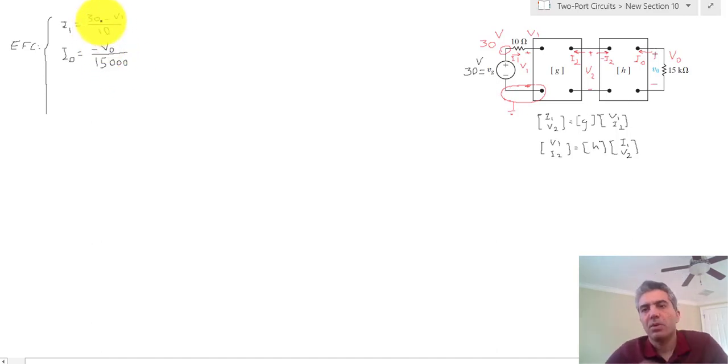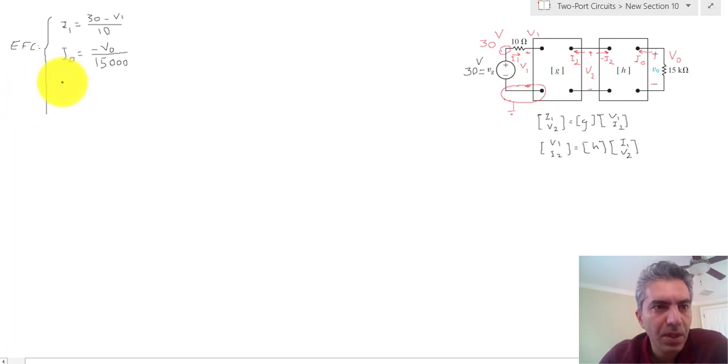Now it's time to write equations for the two sections that are turned into two-port models. So for the first one, we use this definition for the equations. So the current I1 is going into the port 1, so I1 is equal to G11 V1, voltage of port 1, plus G12 I2, the current of port 2.